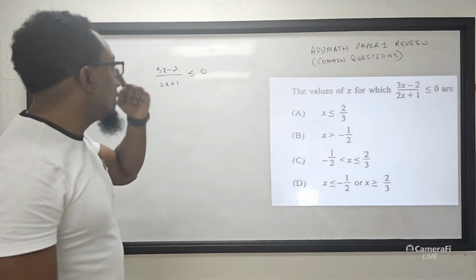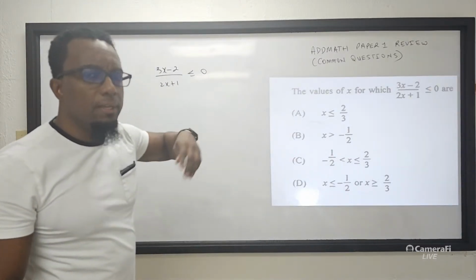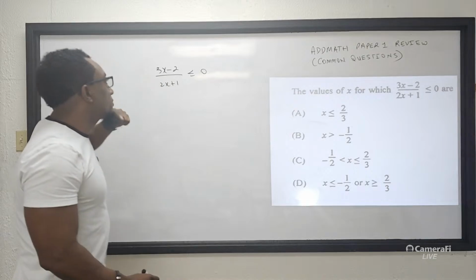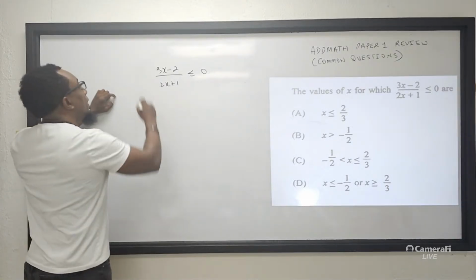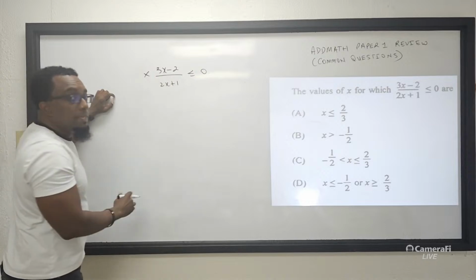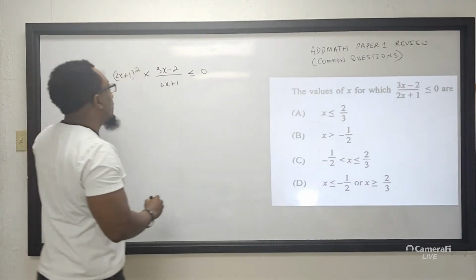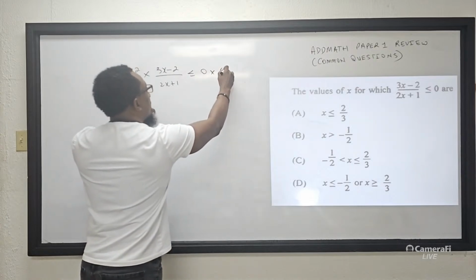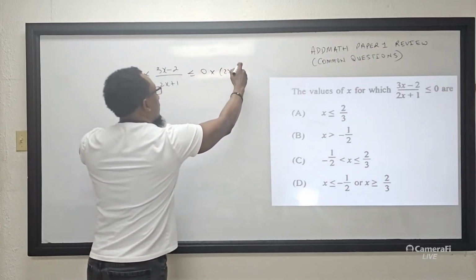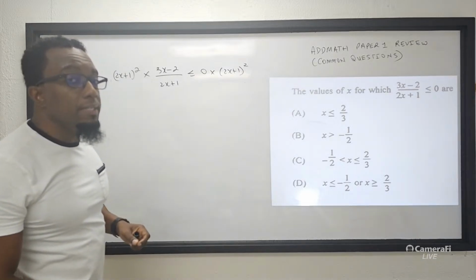So for us to solve that rational inequality, what we need to do is to remove it from the rational. A rational is a fraction. So let's remove it from the rational first by multiplying both sides of the inequality by the denominator squared, 2x plus 1 squared. And when I do to one side, I must do to the other, right? So I multiply both sides by the square of the denominator.